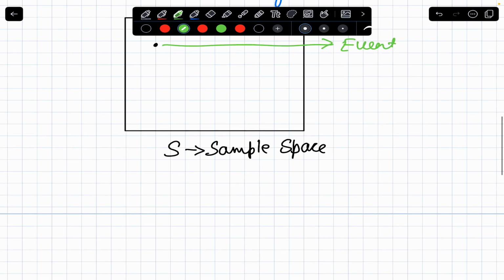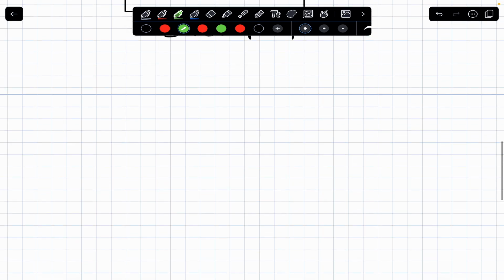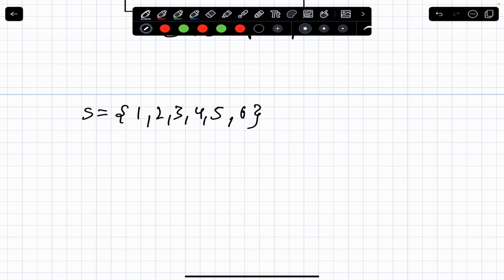Let me take an example of rolling a dice. Suppose that we roll a dice and we have the possible outcomes as 1, 2, 3, 4, 5, 6. These are all the possible outcomes.